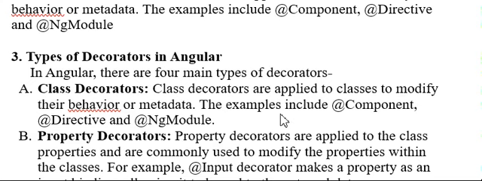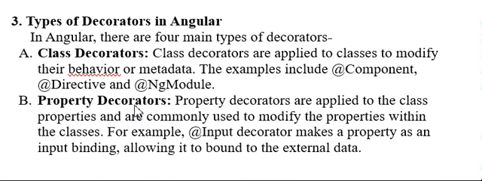For example, class decorators are @component, @directive, and @ngModule. So you might have a question like what is a directive: that is component directive, structural directive, attribute directive. So these are the basic types of directive.